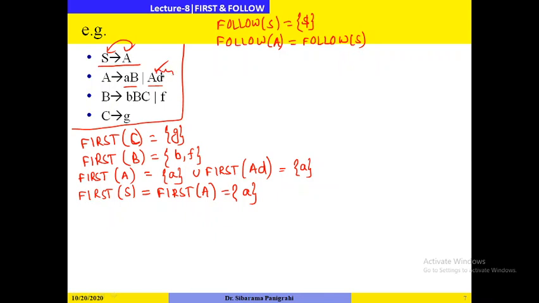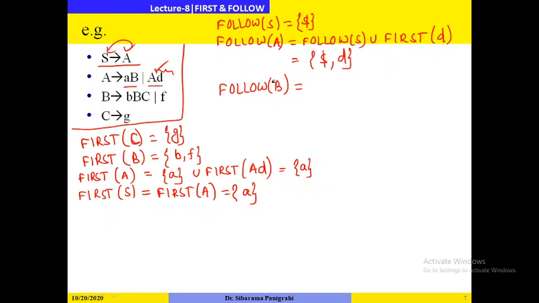First of remaining, what is that? D. So union first of D. So here you will get dollar from follow of S, and from first of D you will get D. Now let me compute follow of B.